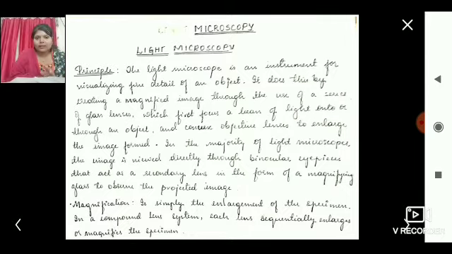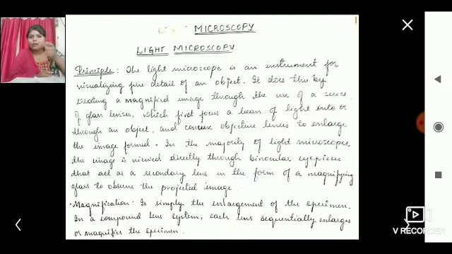So what does magnification actually mean? Magnification is simply the enlargement of the specimen. Basically, a small object needs to be magnified for our visualization. In a compound lens system, each lens sequentially enlarges the specimen.